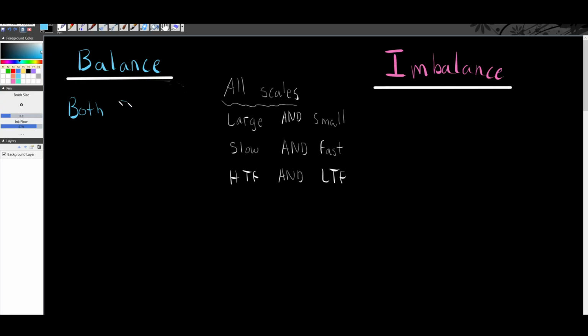So in my shorthand, it's we have both buyers and sellers. Whereas here we only have buyers or sellers, right?